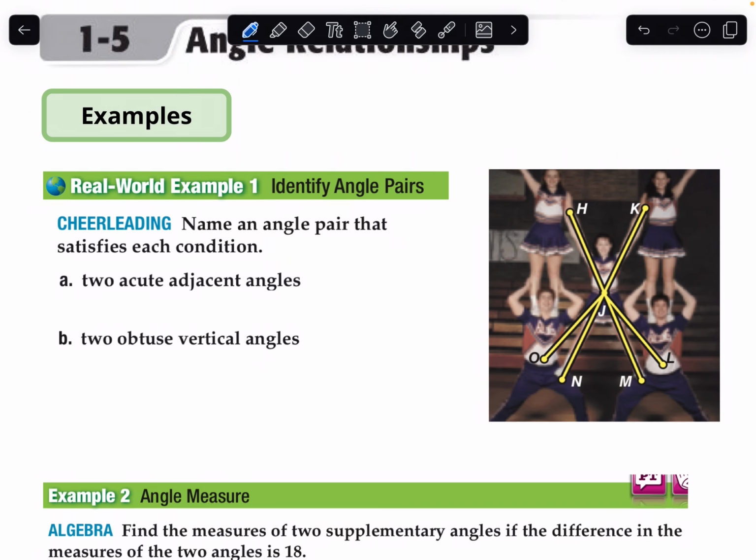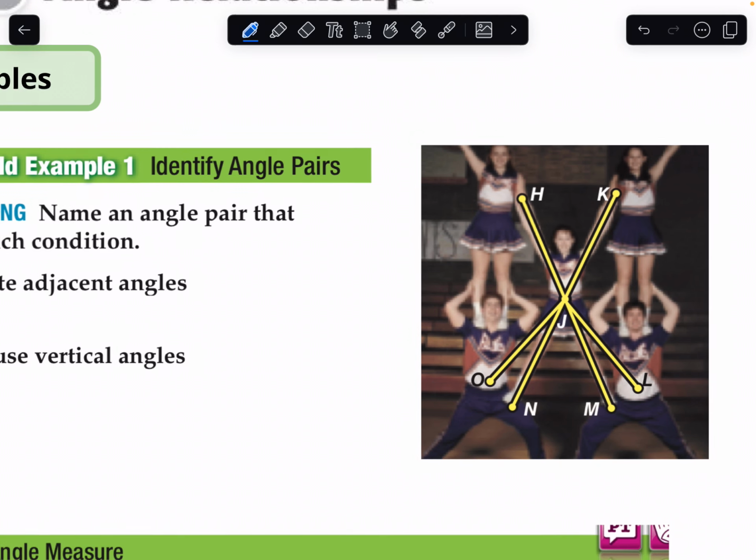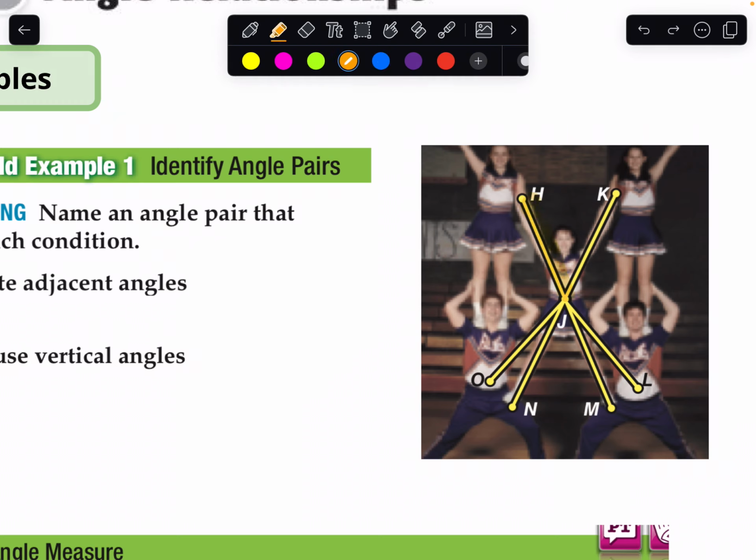Two acute adjacent angles. So looking at the diagram here, this would be an acute angle here. That doesn't show up very well. I need maybe orange. Nope. Pink. Pink shows up better. That's an acute angle, but it's not adjacent to any other acute angles.